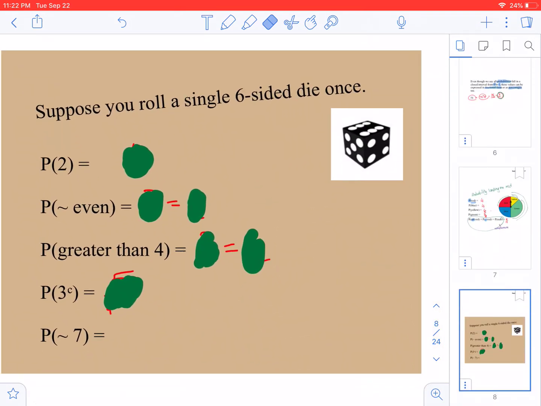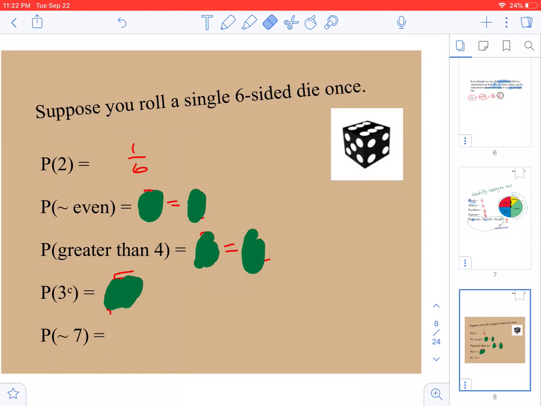Well, let's look at a die. What is the probability of getting a 2? Well, the 2 shows up on one side, so there's one favorable outcome, and then there's 6 sides of a die. Again, you can't reduce the 6 or the 1, so we just write it as 1/6.